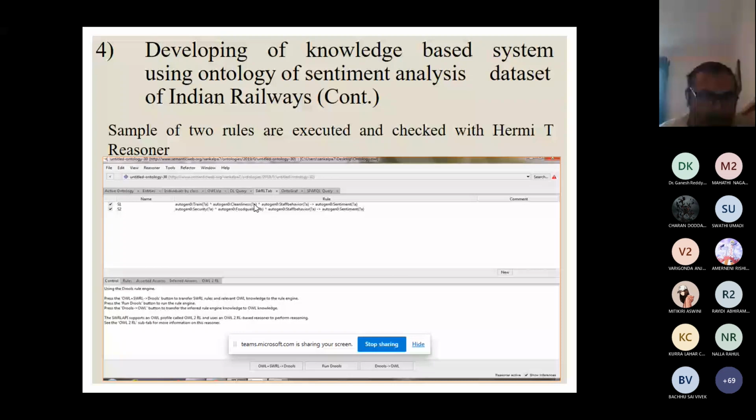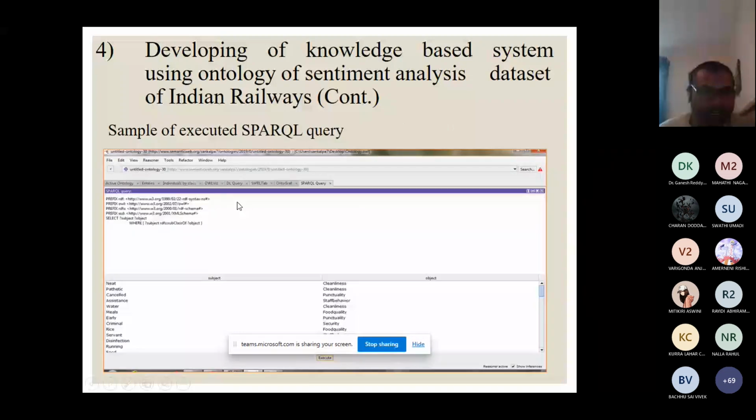So this is nothing but the execution of a SPARQL query. It's similar to Structured Query Language. Here we have to import the prefixes from RDF, OWL, SWRL, schema, and DTD. So here is the query I did: select subject object question mark, where subject rdf subclass of object.